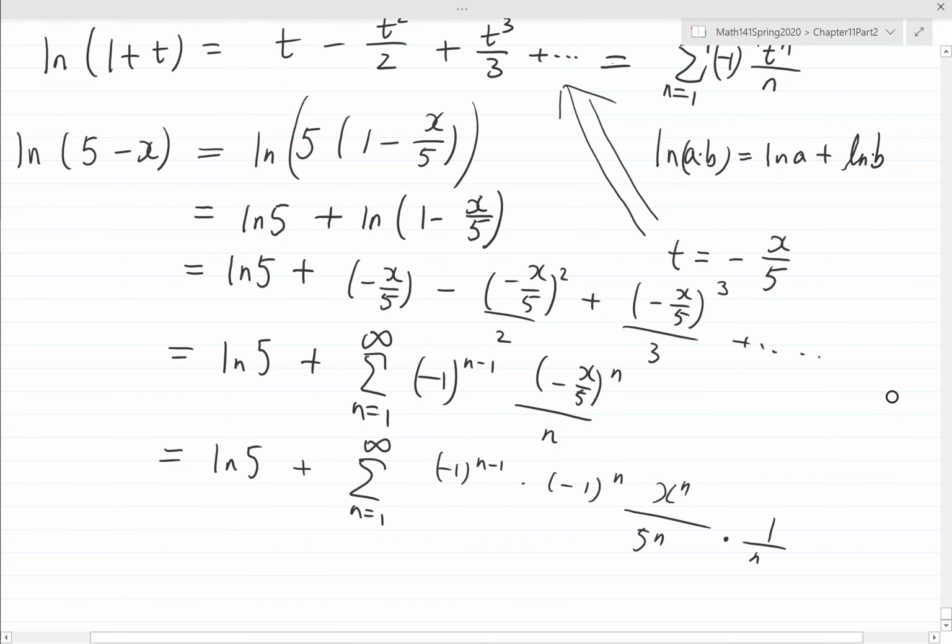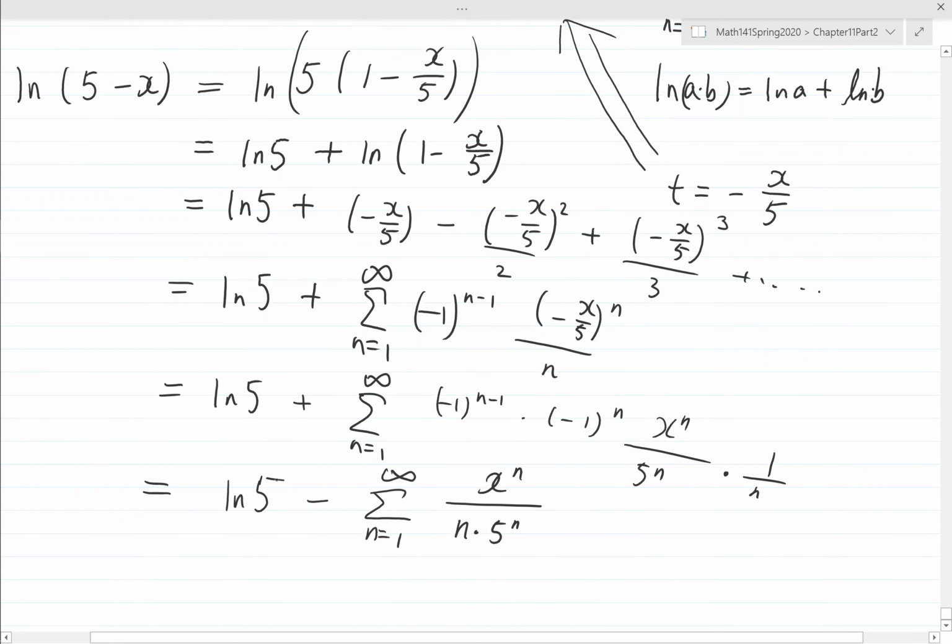The alternating factors, negative 1 to the power n minus 1 times negative 1 to the power n, give you always an odd power of negative 1, so it is negative 1 over n times 5 to the power n, times x to the power n. Then we are done for this problem.